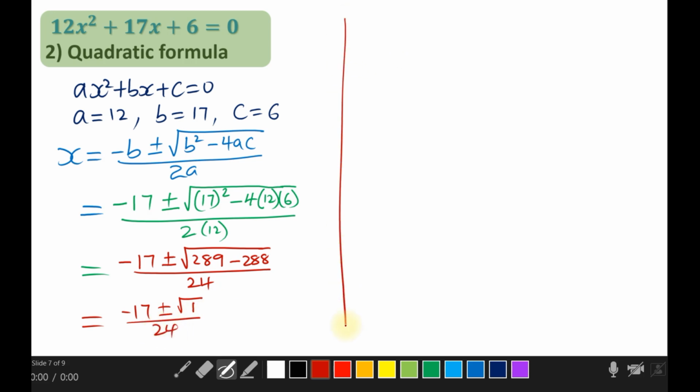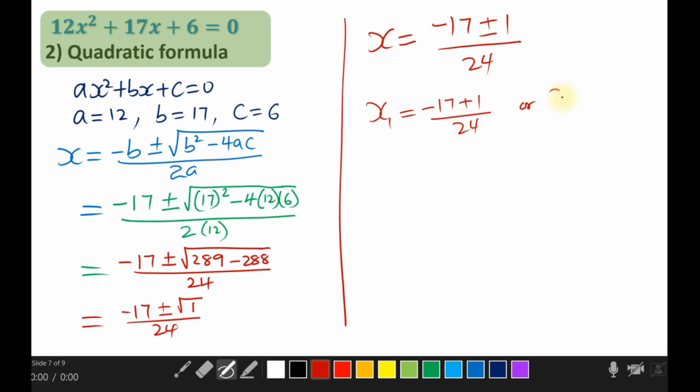So in this case, x is equal to minus 17 plus or minus the square root of 1, which is 1, all over 24. Either x is minus 17 plus 1 all over 24, or the other case, minus 17 minus 1 all over 24.